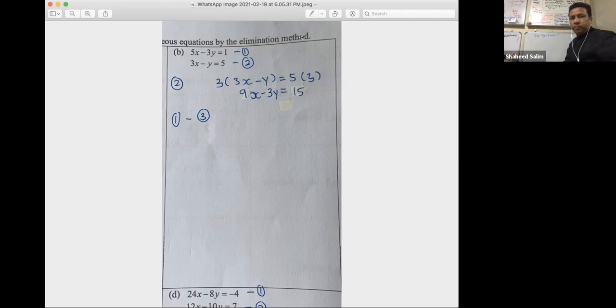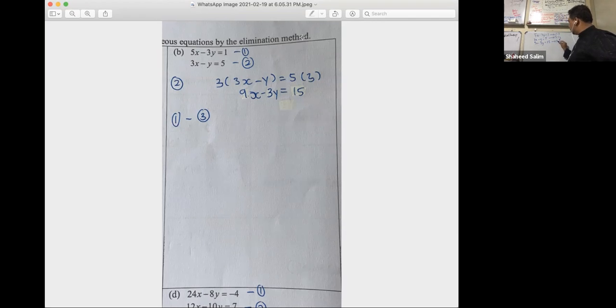And then your 3x, you go in times. Okay, this one is equation 2: 3x minus y equals 5. And from equation 2, you make it equation 3. You times it out, you get 9x minus 3y equals 15.